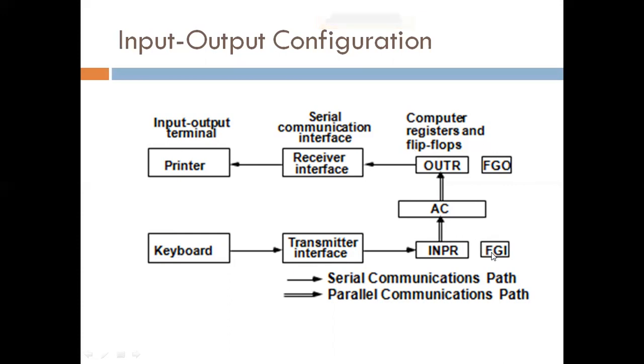So when the value of FGI is equal to 0, the input register is empty. At that time, if any data comes on the input terminal, then from the transmitter interface it comes into the input register. When the input register is full, the value of FGI will be 1. That 1 indicates that the input register is full.